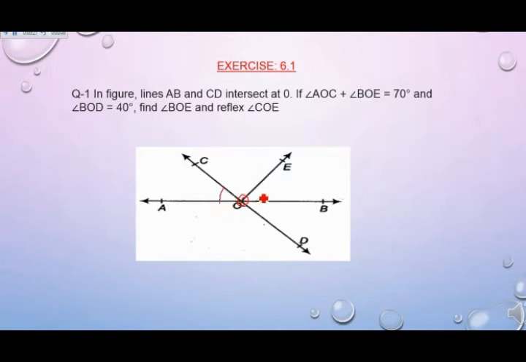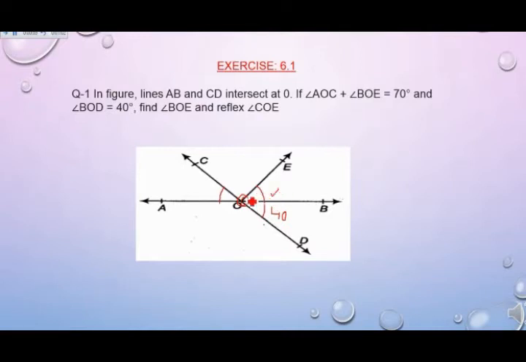Now if angle AOC plus angle BOE sum up to 70 degrees, and angle BOD is given to be 40 degrees, you have to find the required angles.